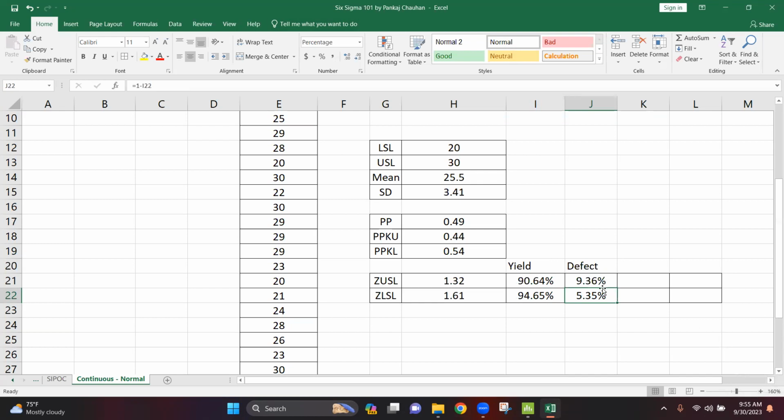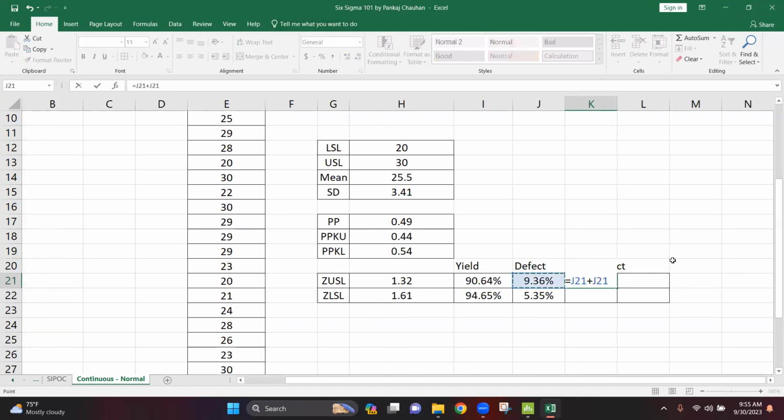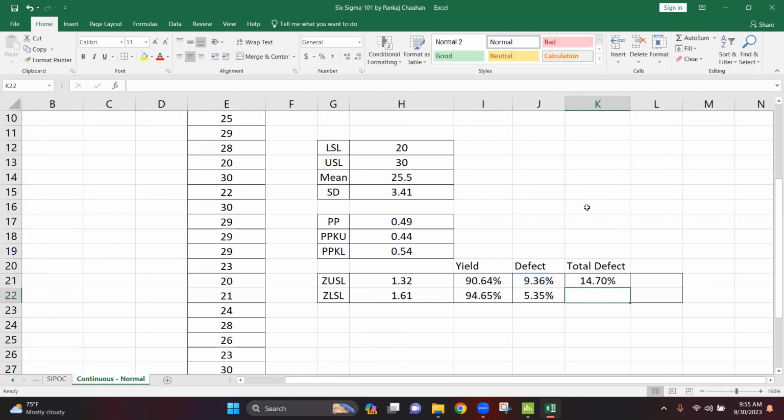If I convert this into the total defect, the total defect is the sum of the defect on the upper side and the lower side. I have taken the sum here: 14.70 is my total defect.